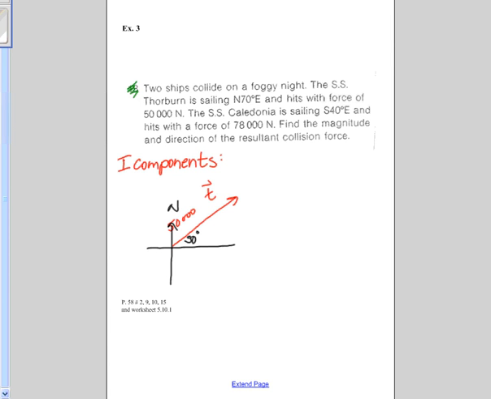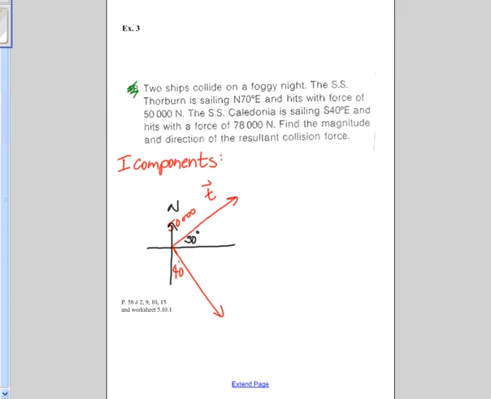The Caledonia is sailing south, turn 40 degrees towards the east. That one should be longer. Okay. 40 degrees east of south.